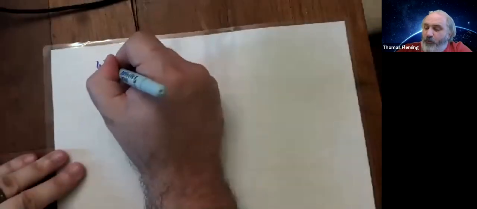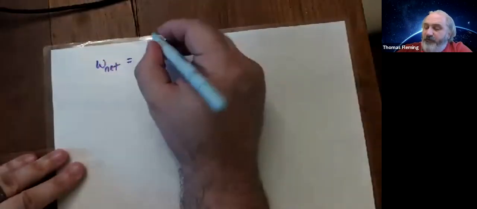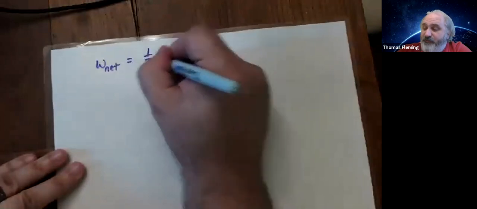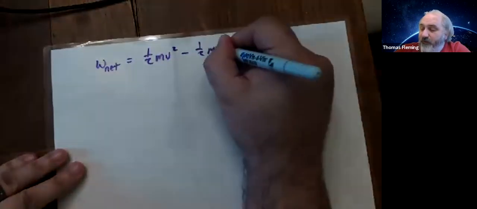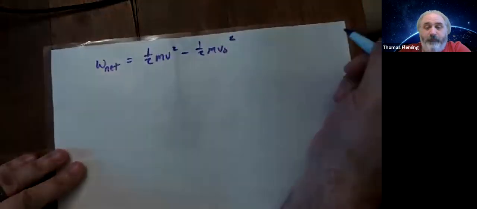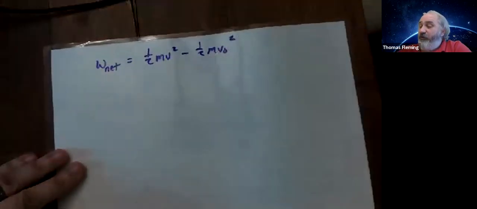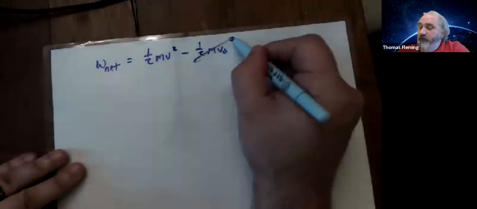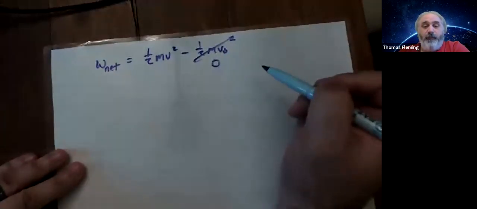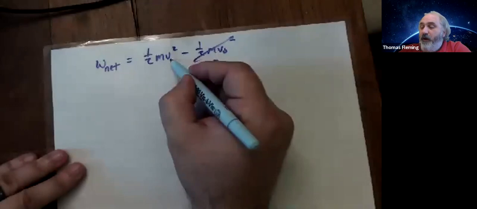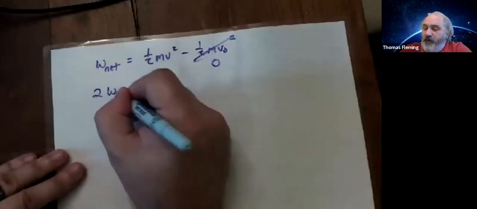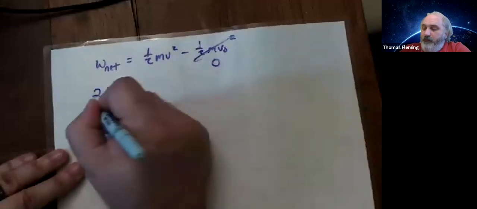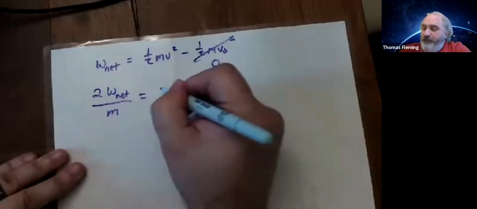So if the net work is the change in kinetic energy, which is 1/2 mv final squared minus 1/2 mv initial squared, and I'm starting from rest, so this is equal to 0, and I want to find what speed I have at the bottom, all I've got to do is solve that for v. So v equals the square root of 2 times the net work divided by the mass.